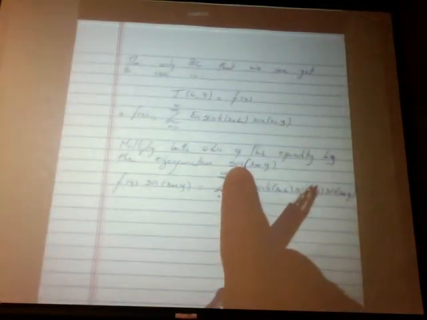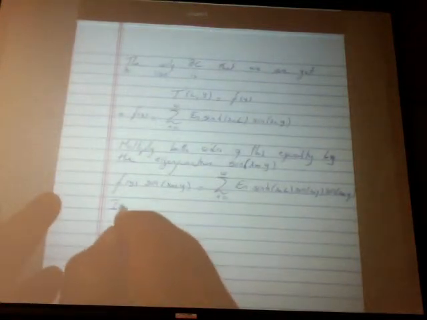And now we haven't done anything wrong. I'm just multiplying both sides of that expression by a known function. I know exactly what that function is. It's the sine of m pi over small l times y. I just elected to multiply both sides by it.